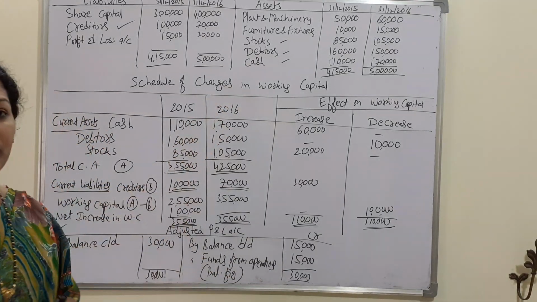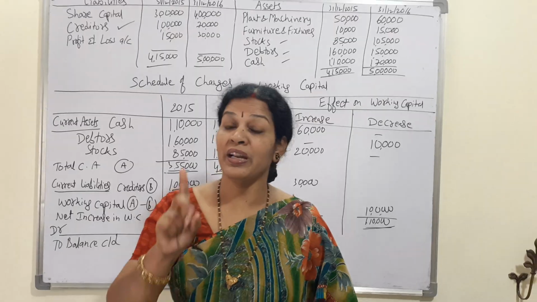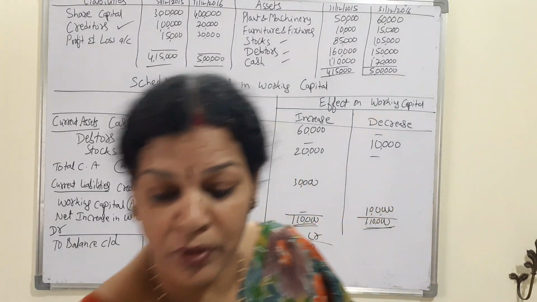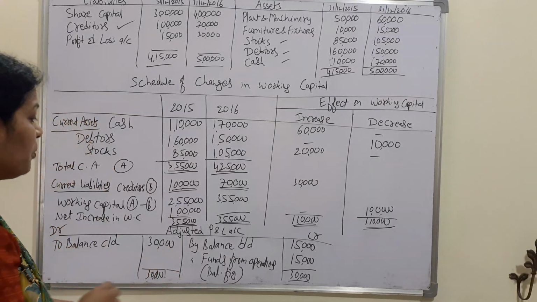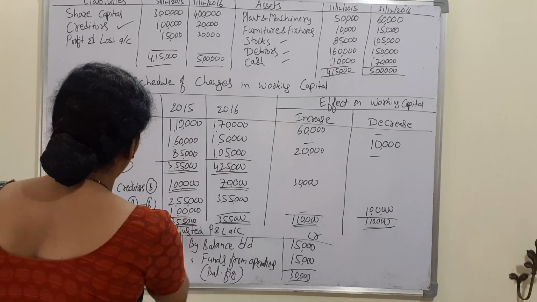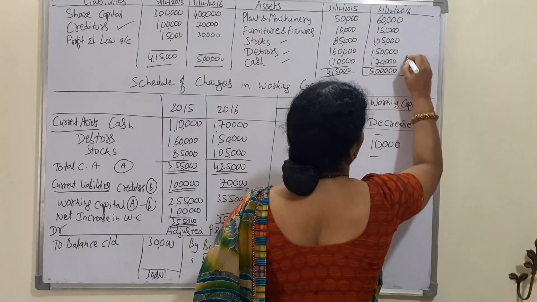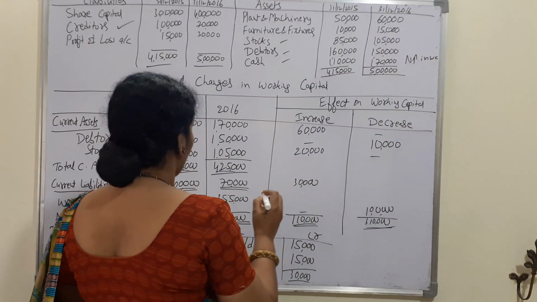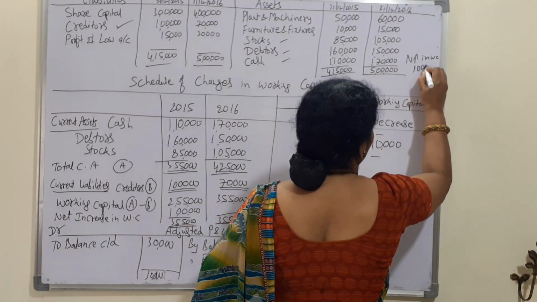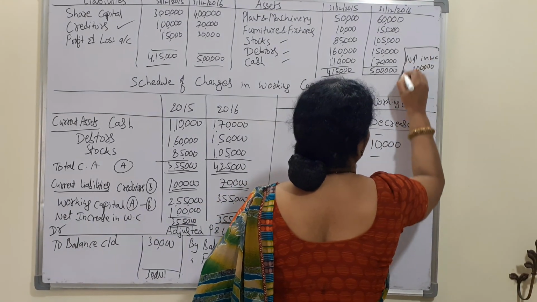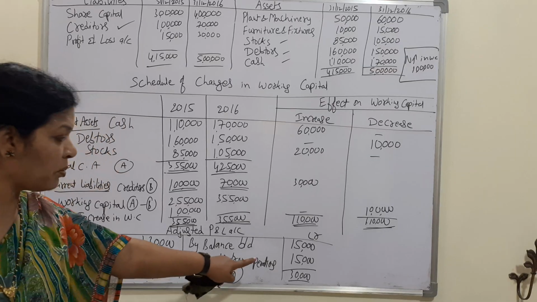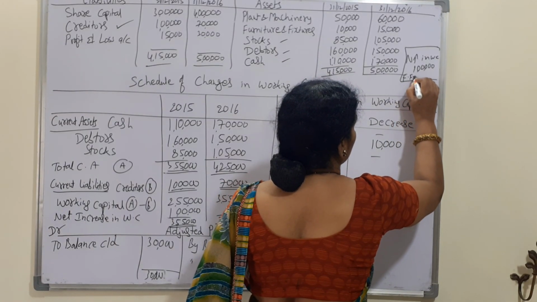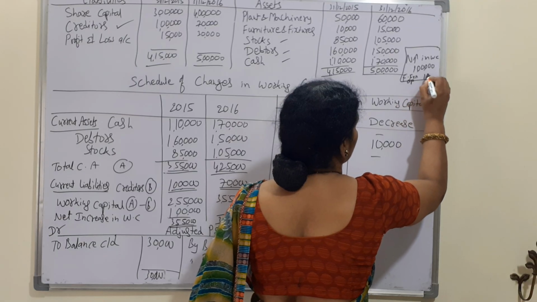So two steps are over. The schedule of changes in working capital is over and the adjusted P&L account is over. Now what do we need to do? The fund flow statement. Before going to the fund flow statement, let us note down these two items: net increase in working capital 1 lakh, and funds from operations 15,000.